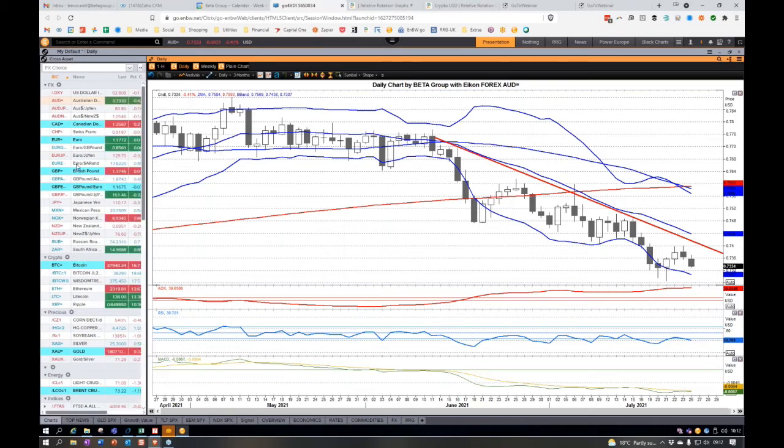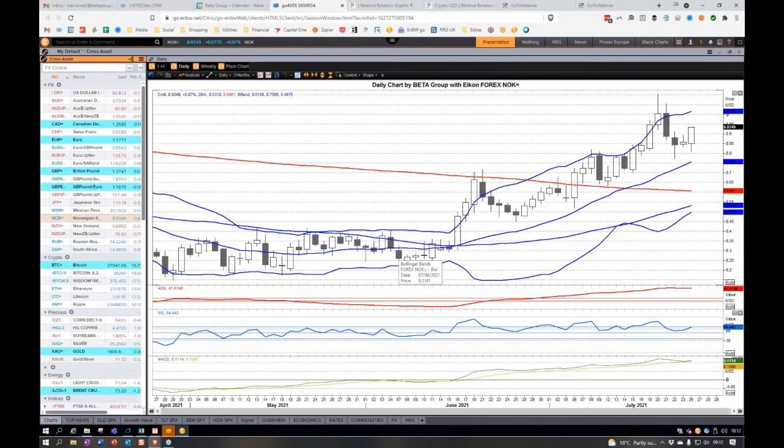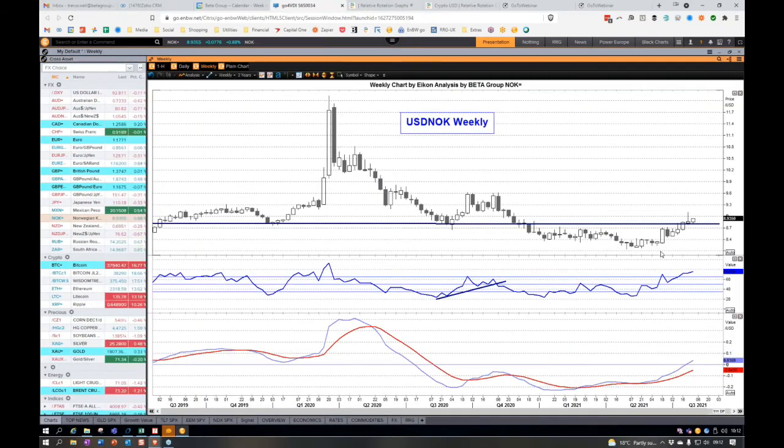Now, furthest to the left was the Norwegian crown. And so let's have a look at that one. So the weakest performer versus the US dollar is, and here it is, rising here is weakness in the Norwegian crown.